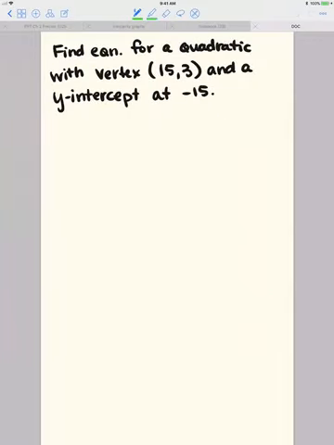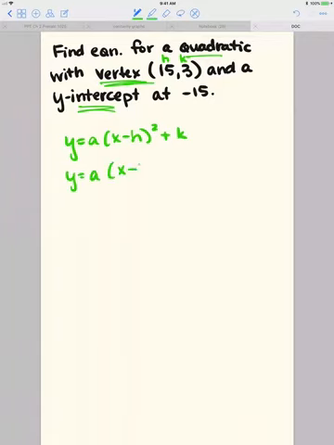Another example here looks at finding an equation for a quadratic with a vertex of (15, 3), but now it gives you the y-intercept. So again, if you're given the vertex, you want to use the vertex form, a times (x minus h) squared plus k. The 15 is your h value, the 3 is your k value. So when we plug those in, we get (x minus 15) squared plus 3.